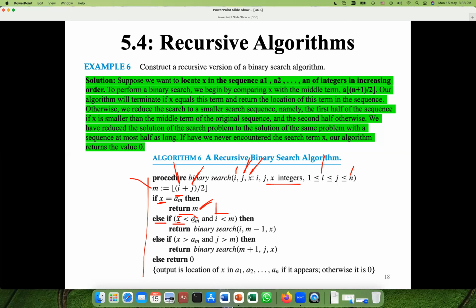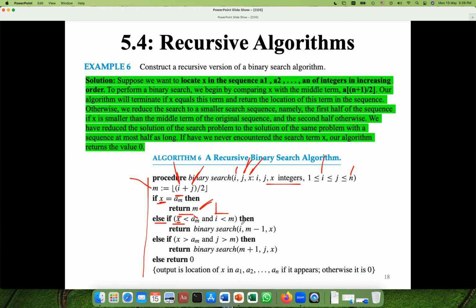So if X is less than M and the value of I is less than M, M is 3 and I is 1, 1 is less than 3. So it means my number is on the left hand side. Then return binary search. I am calling binary search again with new indexes in which I is the same, but I have to change the other index. Maybe M minus 1, because we have checked this position and we don't have the number here.